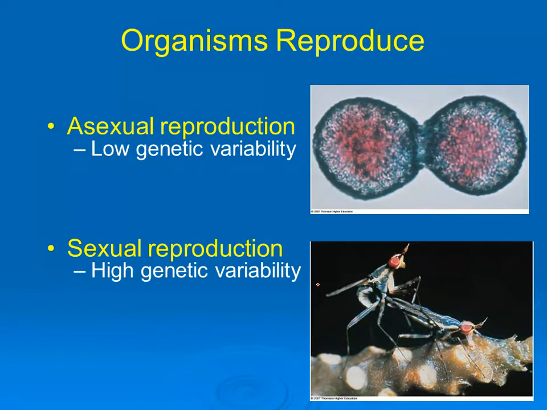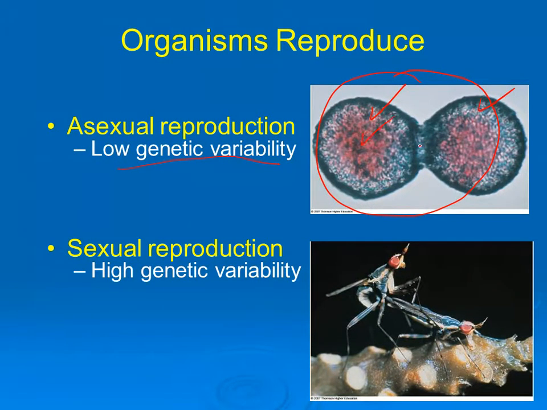Organisms reproduce. It may be asexual reproduction. In other words, the cell, as indicated in this picture here, just divides. This is also known as binary fission. The cell divides, and so you basically have two identical cells from here and here. It's still reproduction, the cell divided, but most of the time you have very low genetic variability.